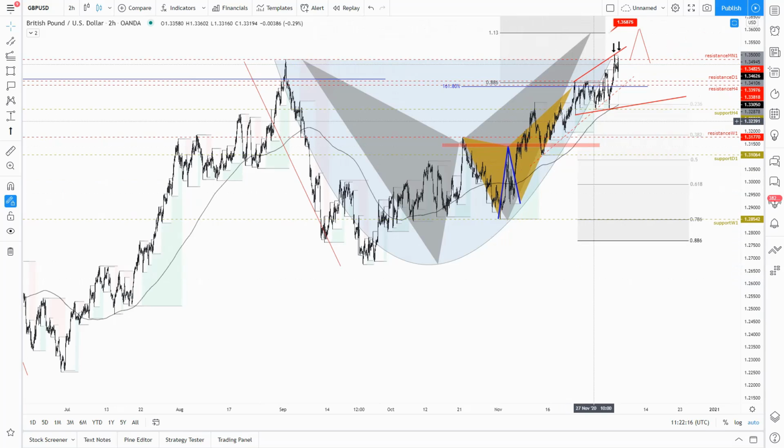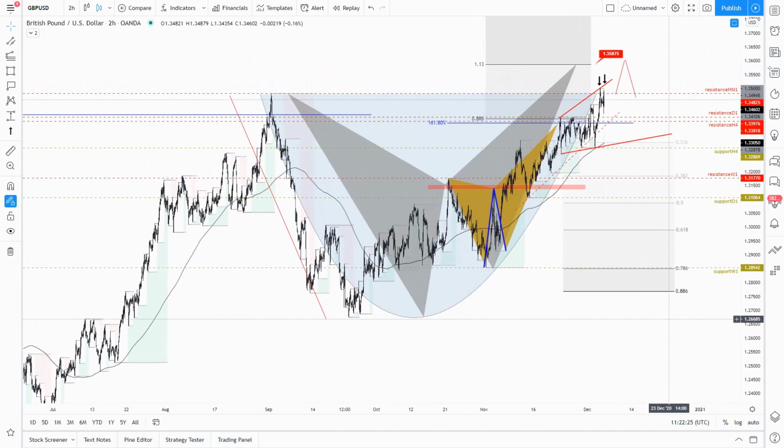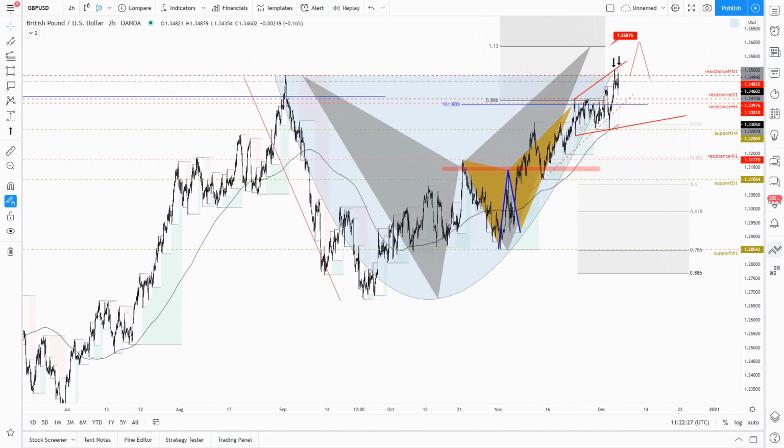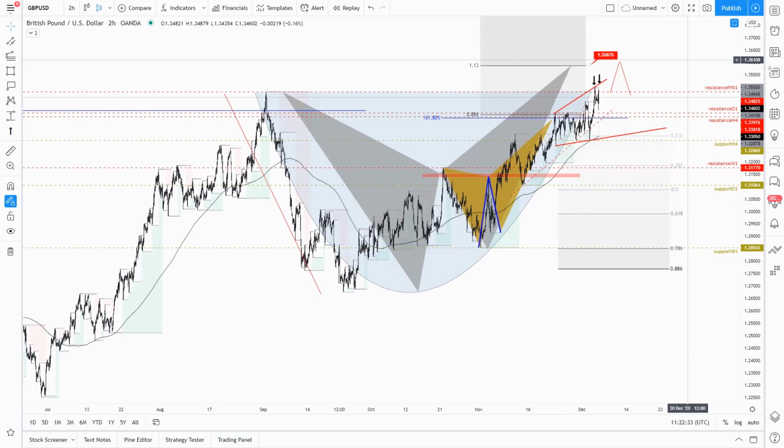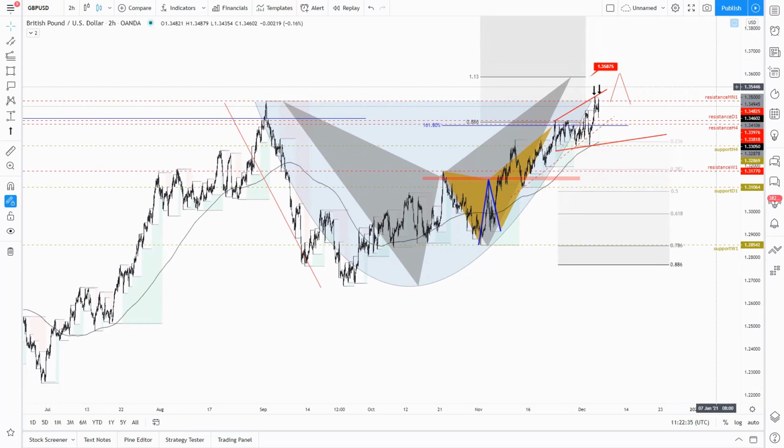So those searching for shorts for the cable, I believe it makes sense from this monthly fractal, but let's stay tuned, because it's a bullish momentum, and we will not be surprised to see the cable squeezing even higher from here.